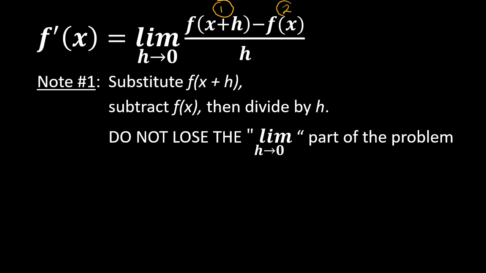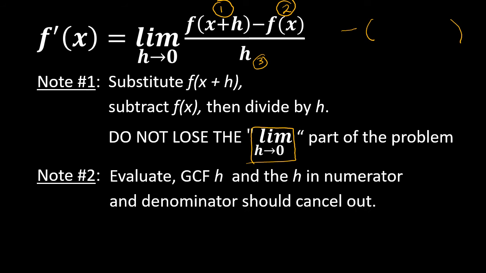Step 2, subtract the original function, and please make sure you put everything into parentheses so that the sign gets distributed correctly. Step 3, divide by h. The biggest thing I see students do is lose the limit part. If you lose that limit, I will count off points, because until you apply the limit, you cannot make that statement go away.